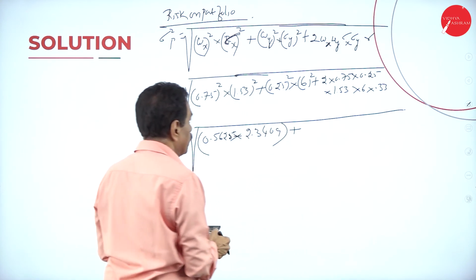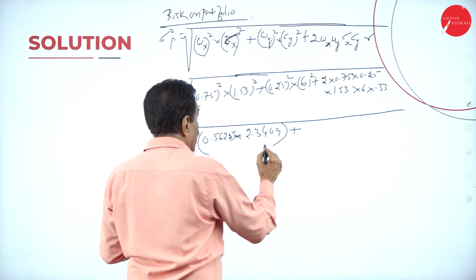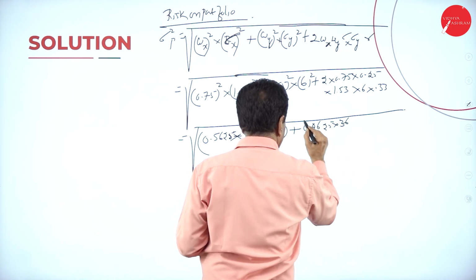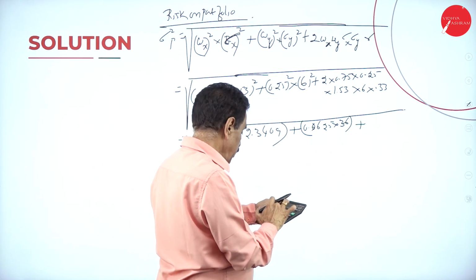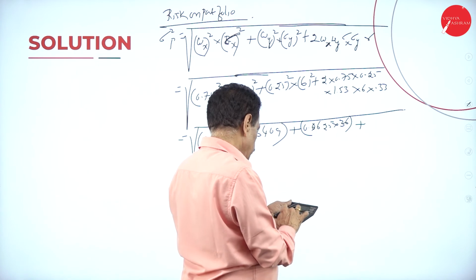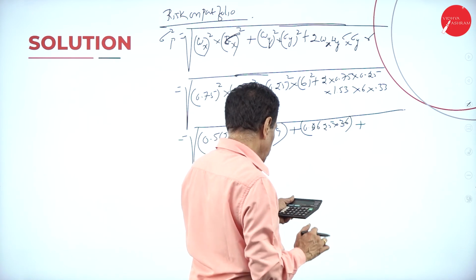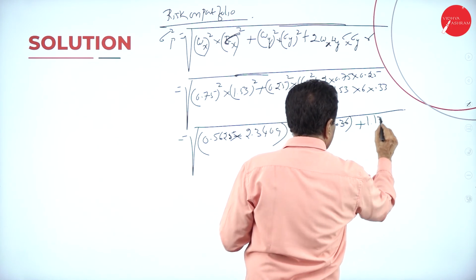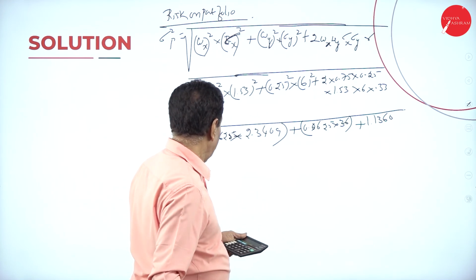This is one group. 0.25 into 0.25, 0.0625 into 36, plus 2 into 0.75 into 0.25 into 1.53 into 6 into 0.33, which is 1.1360. So simplify this.